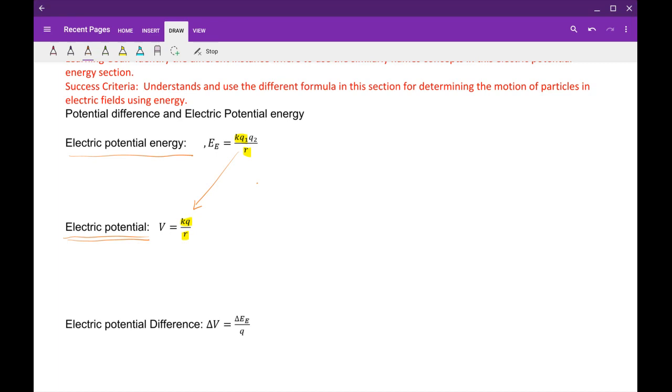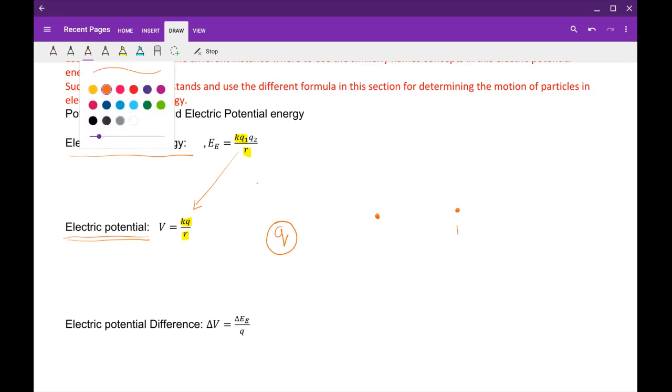Okay, let's give ourselves a particle Q here. And let me just talk about one point in space for the time being.